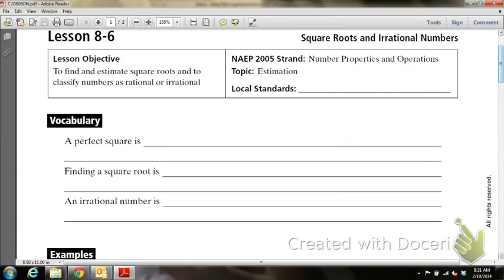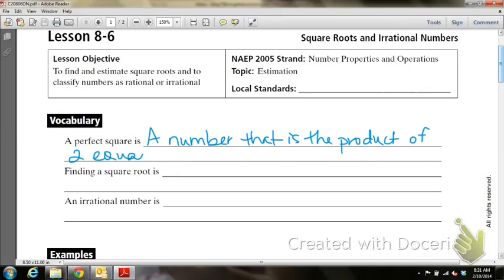In Lesson 8.6, we're going to take a look at square roots and rational numbers. A perfect square is a number that is the product of two equal numbers.